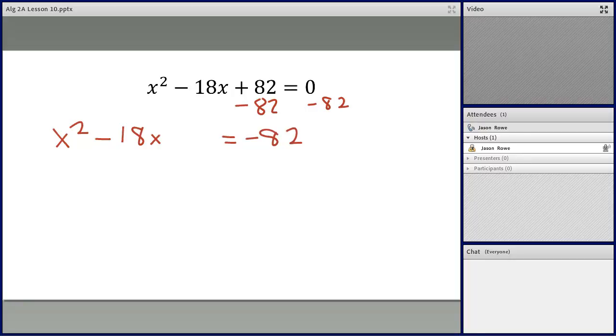I'm going to leave myself a little space so I can complete the square. All right, complete the square. B is negative 18, so negative 18 divided by 2 is negative 9. So I'm going to add negative 9 squared to each side.